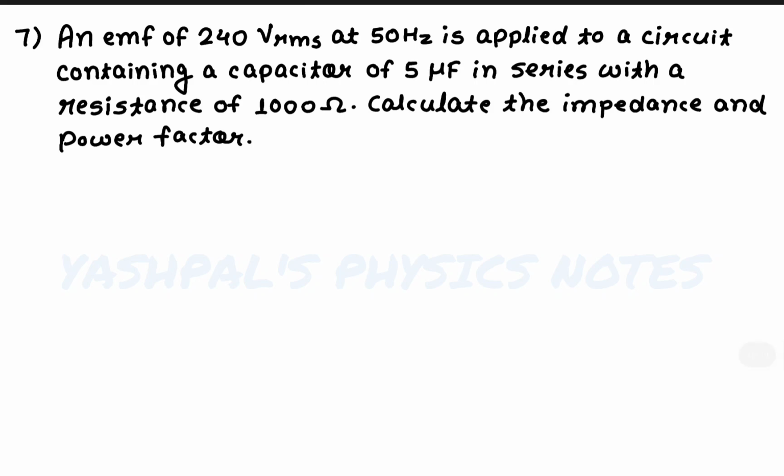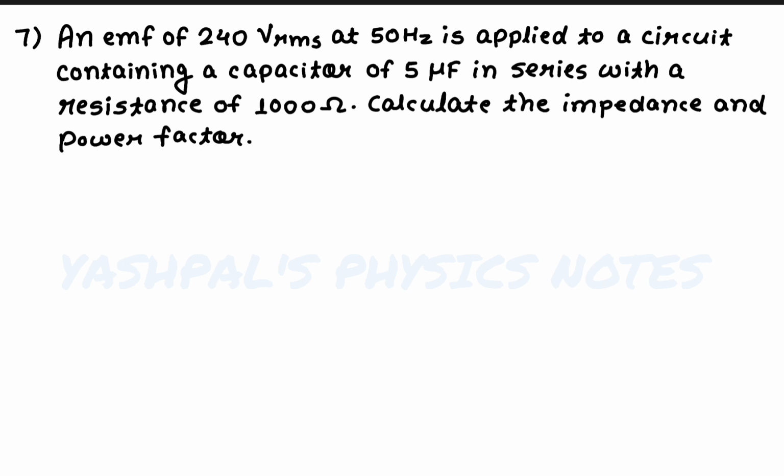Question number 7. An EMF of 230 RMS voltage. Okay, here RMS means root mean square voltage, given at 50 Hertz, means frequency is given as 50 Hertz, is applied to a circuit containing a capacitor of 5 microfarad. So capacitor value is given in series with resistance of 1000 ohm.